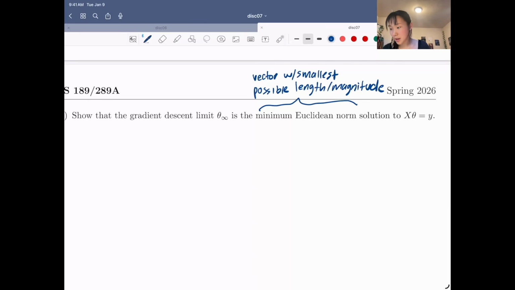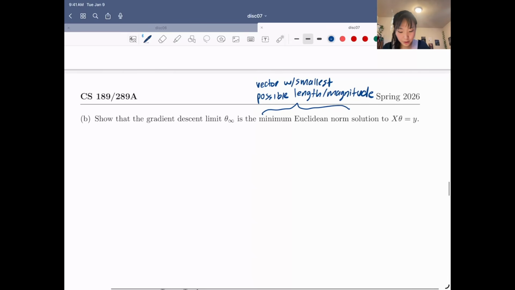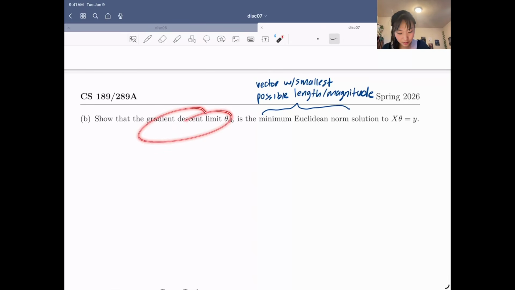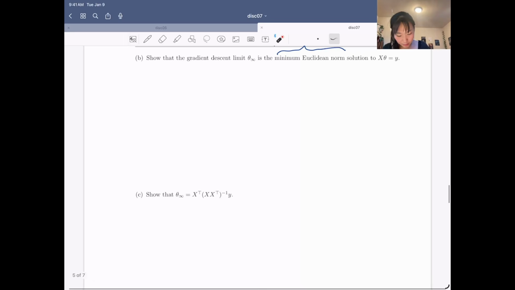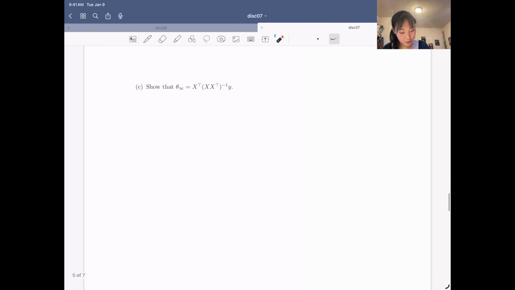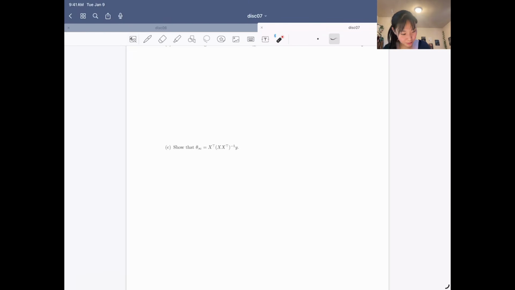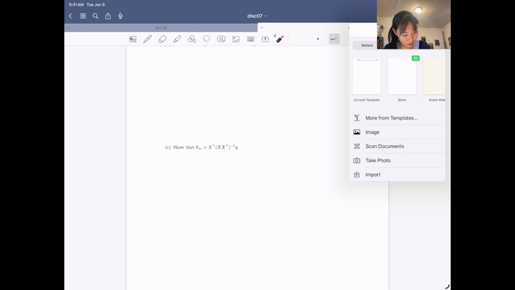Okay, and so first, to show that the gradient descent limit is the minimum Euclidean norm solution, let's actually, you know what, I'm gonna troll. I'm actually going to duplicate this page. Can I duplicate this? How do I duplicate this page? Current template.